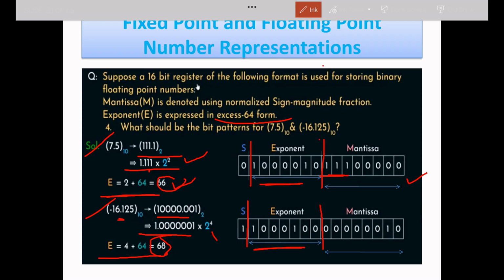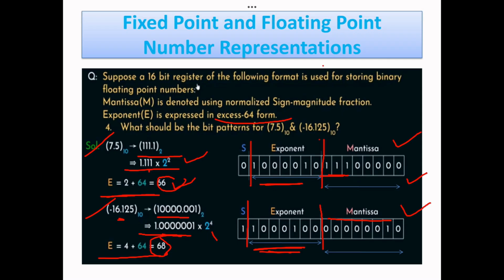You can also convert this 68 to binary form. And after the decimal I have 0000001 and this number I have written here. So this is the floating point representation of the decimal number. I think you understand. This is very important.